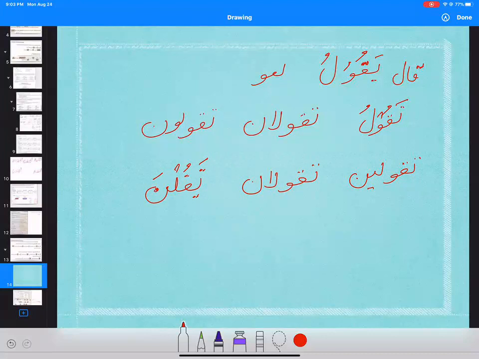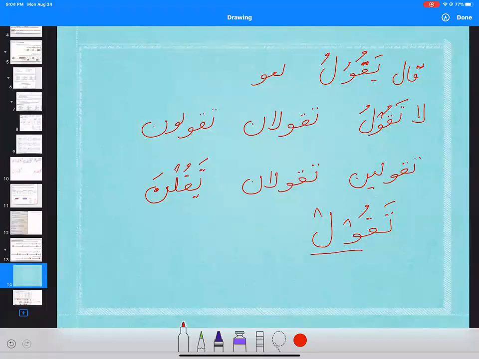So if we are making forbidding, you're just going to say la taqul. So basically what is happening, we have to make it majzoom, right? So this is taqul, and then we have to make it majzoom, right? So what happened over here?